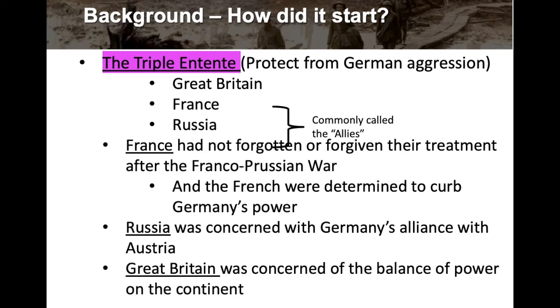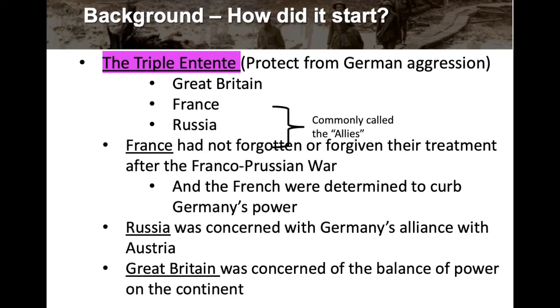That's an area like Serbia, basically what would become Yugoslavia after World War I. That region, Serbia, Bosnia, Herzegovina, Macedonia, these are areas of Eastern Europe that Russia has strong ties with. And so they're concerned about Germany's alliance with Austria, and Austria is going to have great influence in the Balkans.